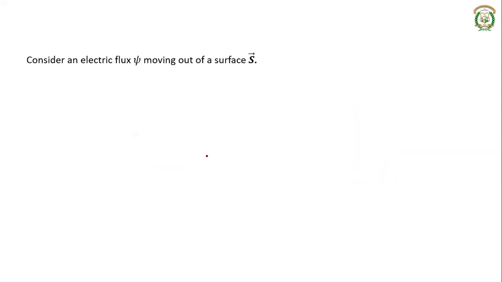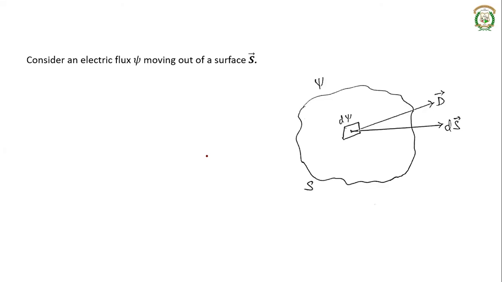Now we will take another case. You consider the total flux is psi, and the total surface from which the electric flux is moving out, that surface area is S. Normally we take surface area as a vector, whose direction will be perpendicular to the surface.